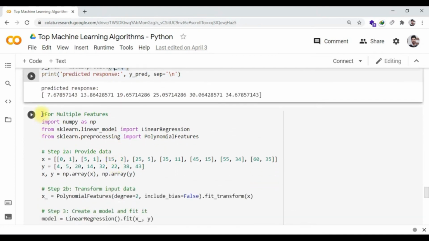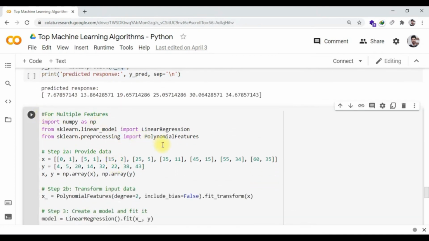And here is the polynomial regression for multiple features, like I told you in the multiple linear regression. There are multiple columns here, multiple independent variables, because as you see, this equation contains 2 independent variables and 1 dependent variable.